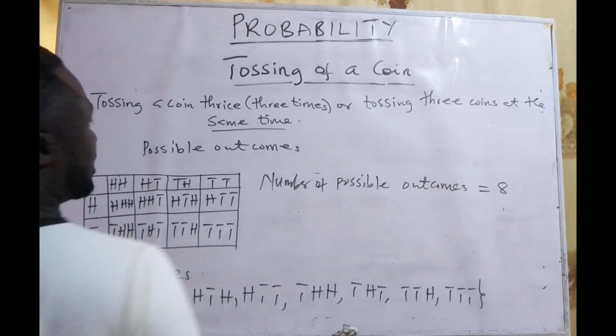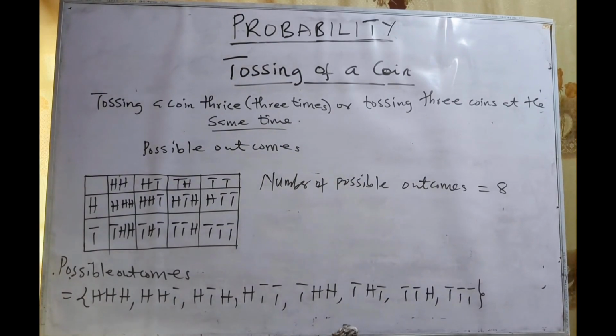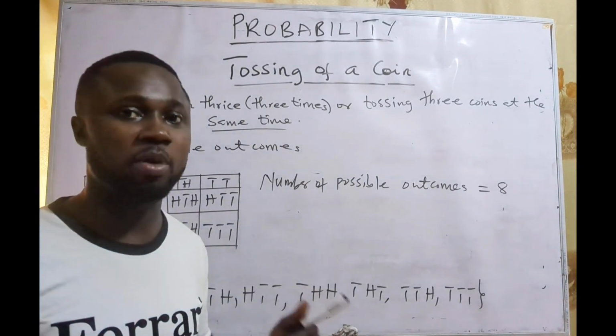Sometimes in objective questions, they can ask you, a coin is tossed 20 times, find the number of possible outcomes.